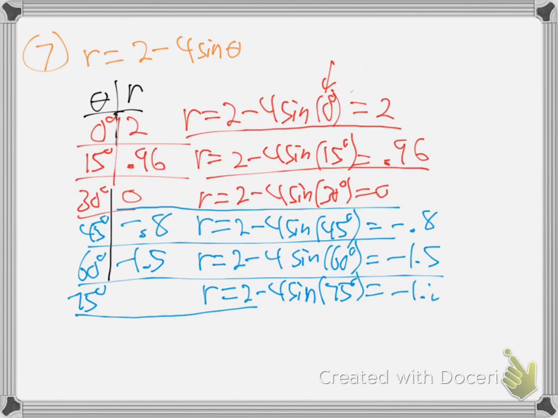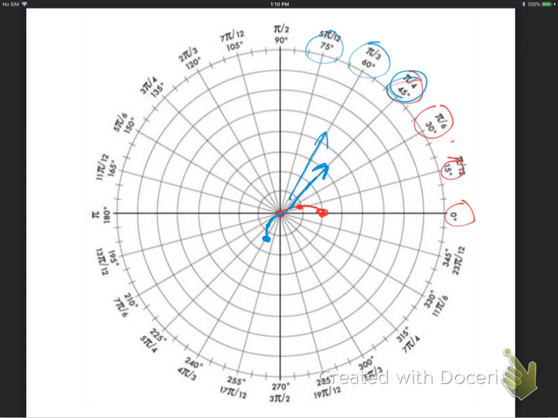Negative 1.9, it's basically negative 2. Let's go back to the graph. 75, negative 2. Right there, it backfires 2. See what it's doing? It's looping backwards, isn't it? See that looping backwards?